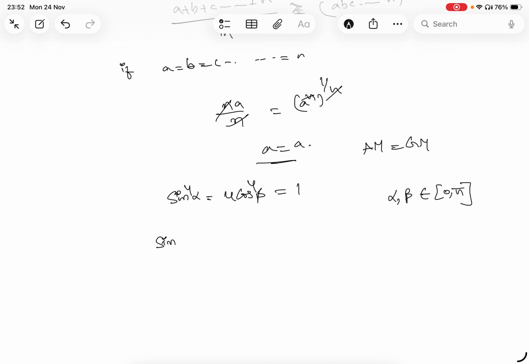If you equate sine power 4 alpha equal to 1, since the range is 0 to pi, there is only one choice: alpha must be pi by 2. Then cos power 4 beta equal to 1 by 4, so cos beta equals 1 by 2 square, whole power 1 by 4.